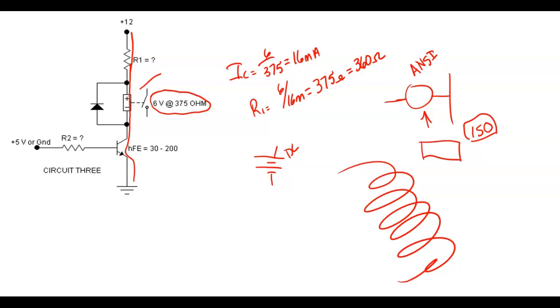So 360. Then I'm going to take, here's beta. I'm going to use 30. So I'm going to take our 16 milliamps and divide it by 30, and that gives me IB. So what's our saturated base current?